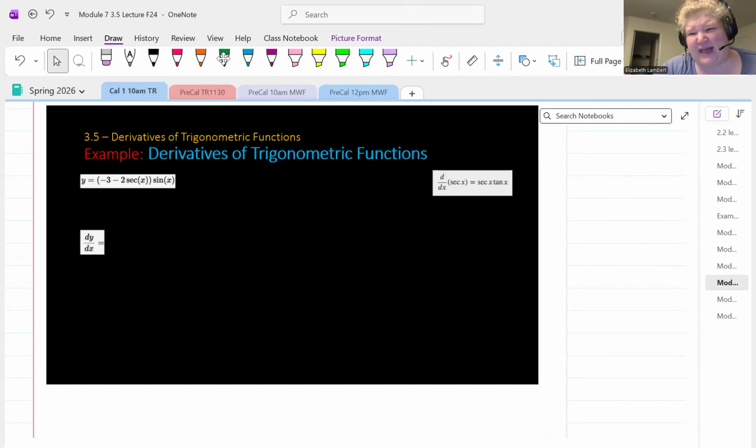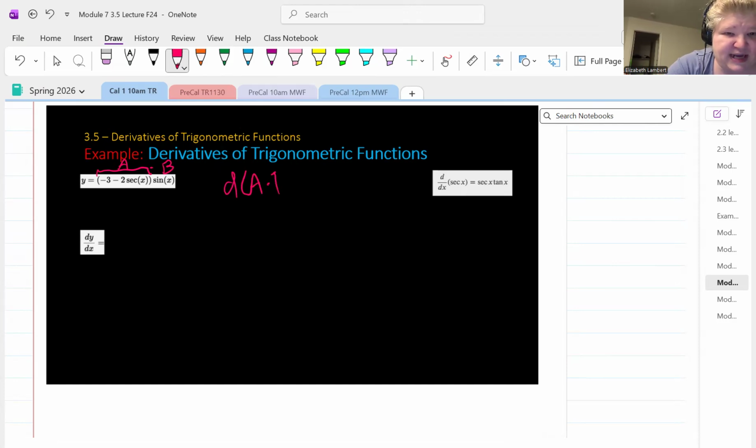In fact, it'll be a little less if we don't do the distribution, because then we're not taking an extra math step. So this is still overall structure-wise, though, this is an A times a B. So derivative of A times B is A B prime plus B A prime.